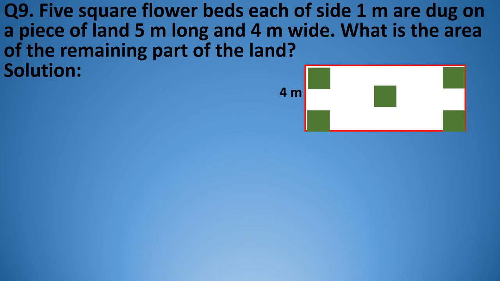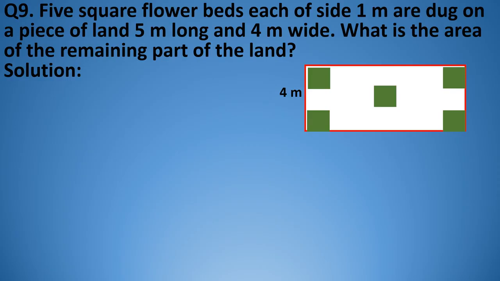In this question also you have to find out the remaining part of the land, means other than that land in which flower beds are there. Now see the solution. First of all, see the picture. I have made this figure for you.